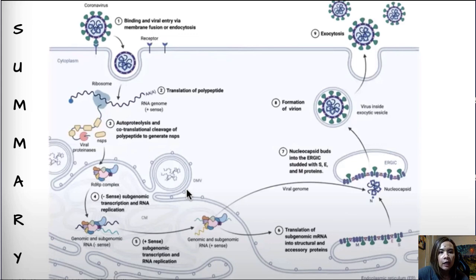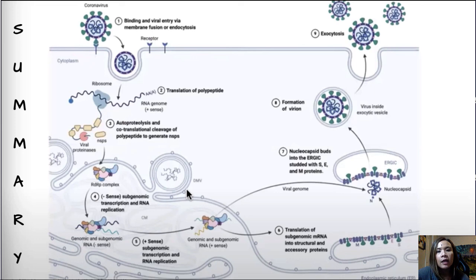These viral proteins do the work in reorganizing the inside of the cytoplasm of the infected cell and take over by stretching the cellular membrane to make rooms where the RNA copying machine, which has a proofreading mechanism, will make lots of copies of the viral genome and make subgenomic RNAs to make more viral proteins.